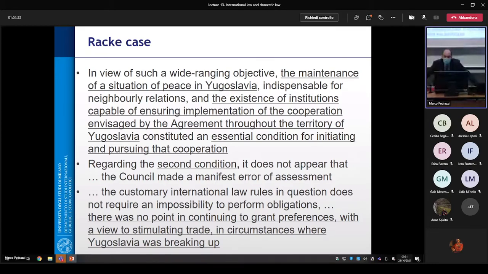And regarding the second condition, there is no point in continuing to grant preferences with a view to stimulating trade in circumstances where Yugoslavia was breaking up.